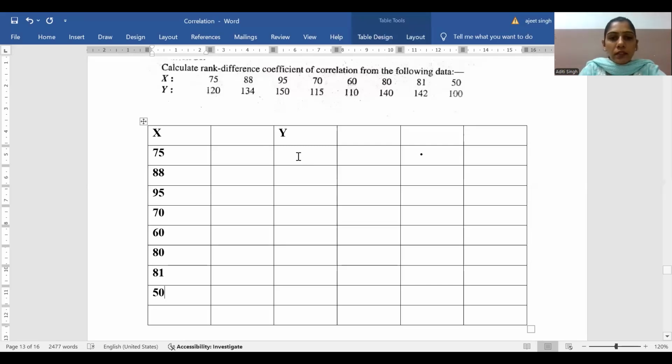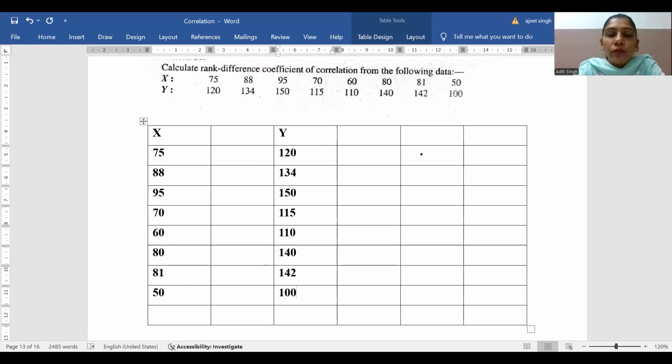Now put all the values of series Y: 120, 134, 150, 115, 110, 140, 142, and 100.